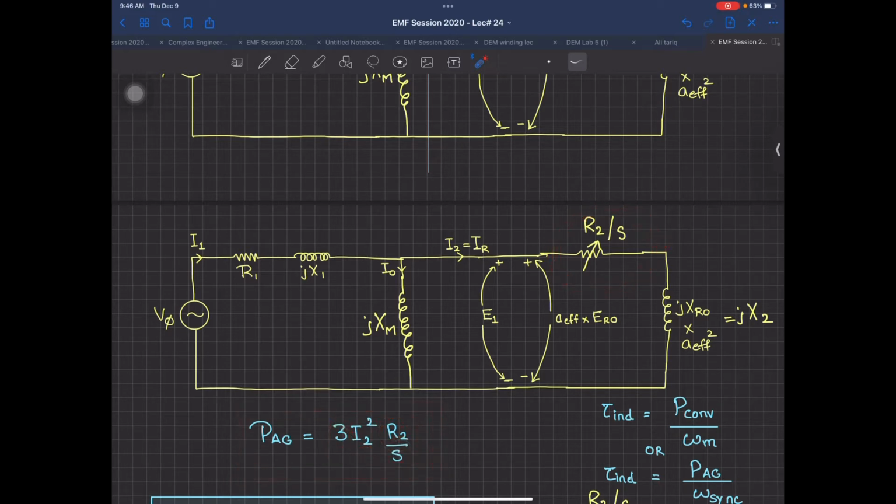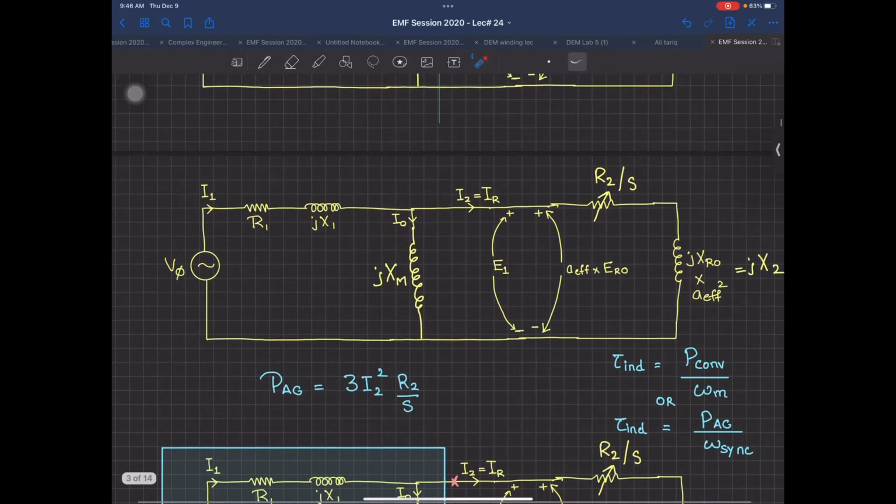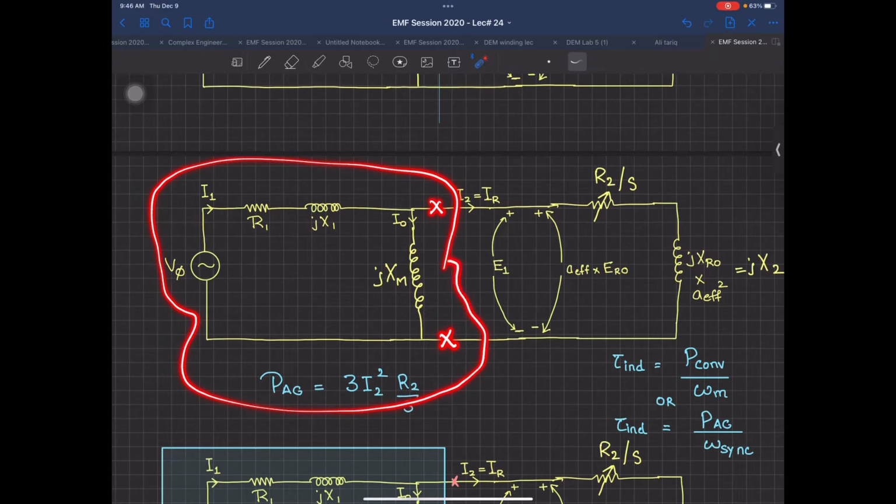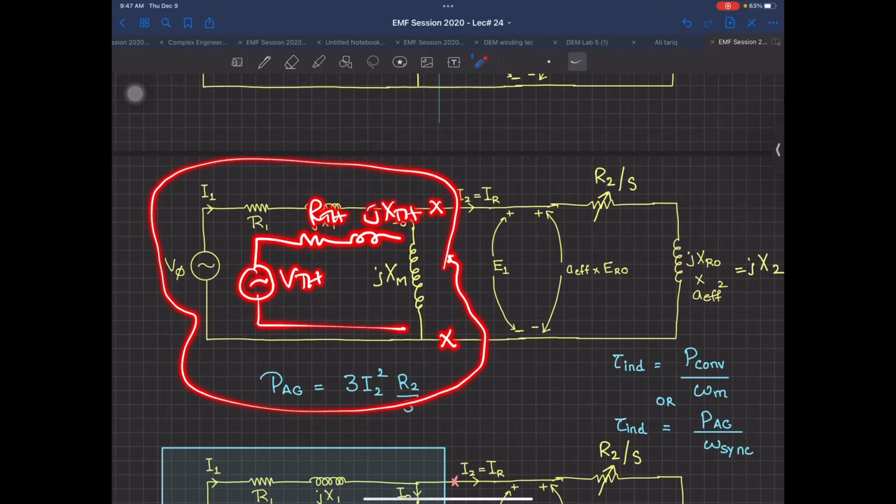If you remember your Thevenin theorem, I need to find this I2. So if I find the Thevenin equivalent at these two points, this circuitry becomes a source V Thevenin in series with some R Thevenin and jX Thevenin, and this will be connected here.